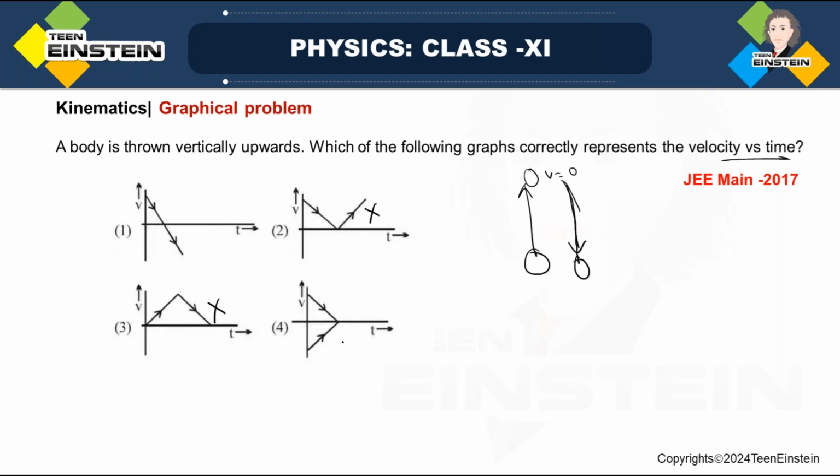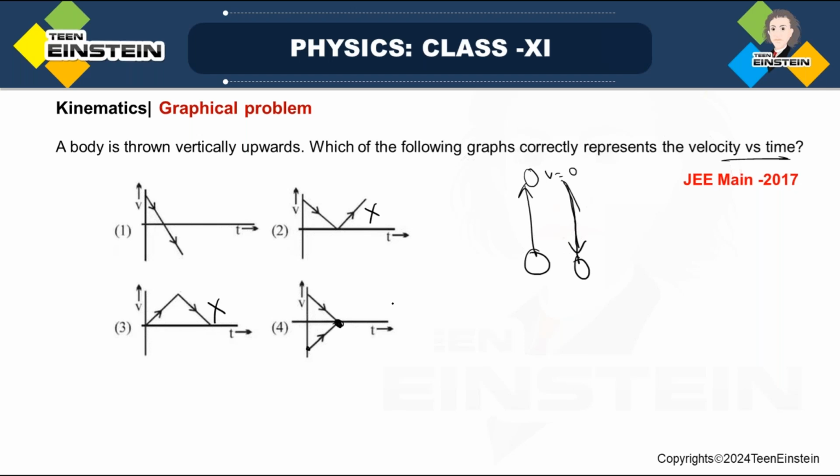Now there is a negative option here also, negative velocity. See, it is going to zero as time increases. Initially, sorry, there was velocity given to the body while throwing, and as it goes up, the velocity decreases, and at the maximum point it should be zero.